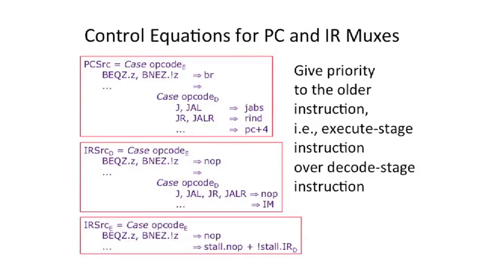I wanted to point out two basic things in these equations. The older instruction, the thing that's farther down the pipe, is going to get precedence over younger instructions for the control signals going down the pipe. If we look at this PC mux select, it actually has things coming out of different stages of the pipe. We have something which is redirecting for a jump out of the decode stage.